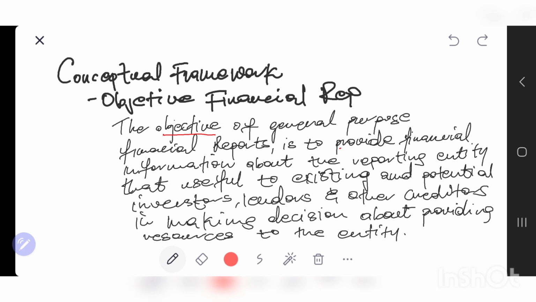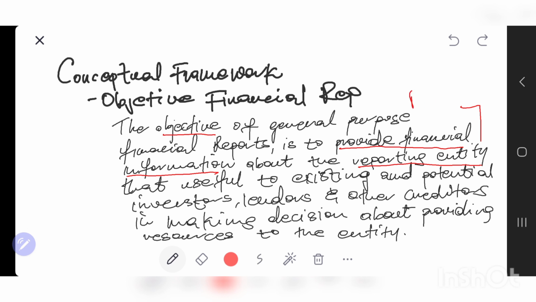Is to provide financial information. Remember, I said that our objective as accountants is to transform raw data in the form of daily transactions into information. Remember when I said that? So this is also saying that our goal is to provide financial information about the reporting entity. What is the reporting entity?